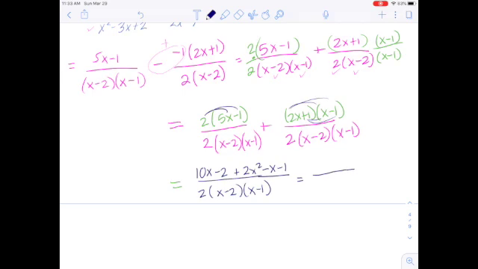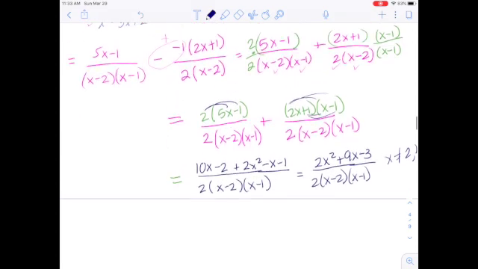And just combine your like terms. You're almost there. Hang in there. 2 times x minus 2 times x minus 1. And my numerator would just be 2x squared plus 9x minus 3. And you can try and factor that numerator and it's not going to work. So we need to just disclose that x can't be 2 and 1, or your fraction's undefined.